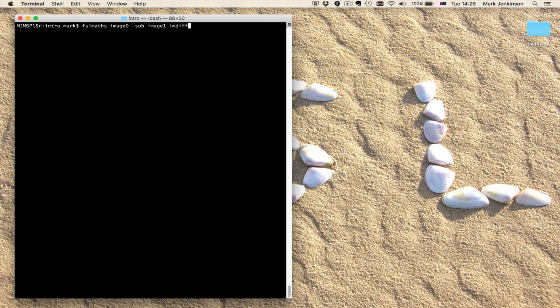So unlike a lot of commands that you'll run across, this one actually reads from left to right and does things in that order. Most commands don't work that way, but FSL Maths is an exception, and it acts as a very general calculator. So now let's run that, and then we can have a look at the difference.